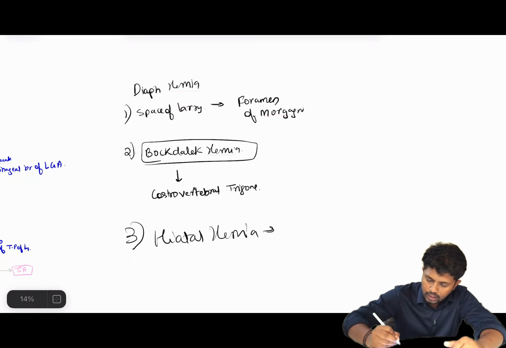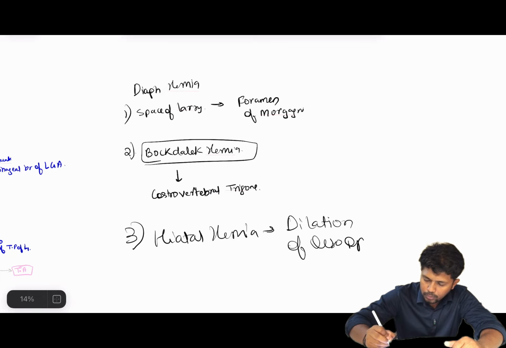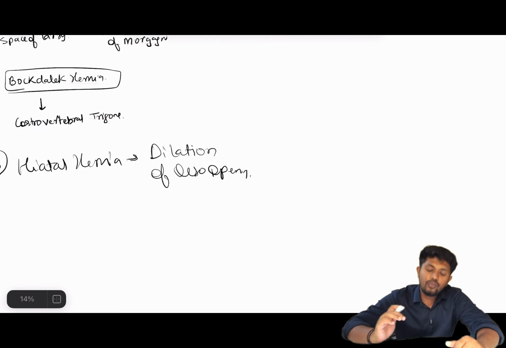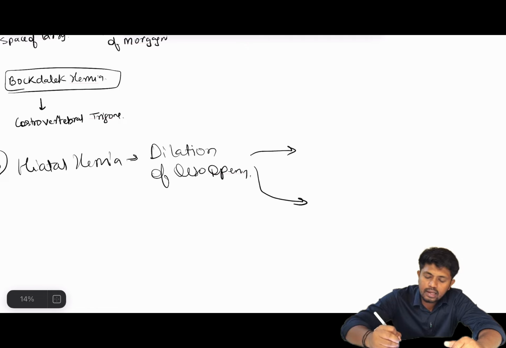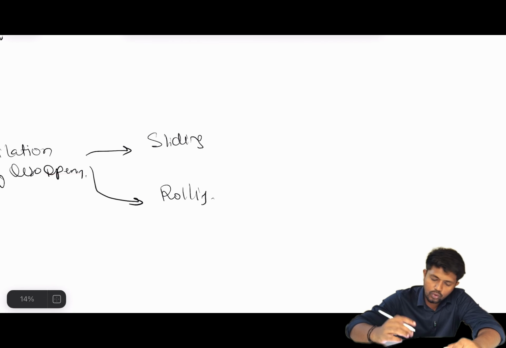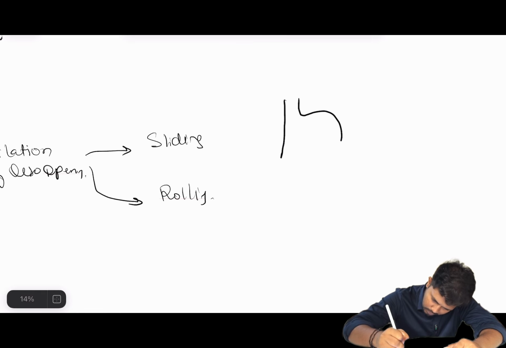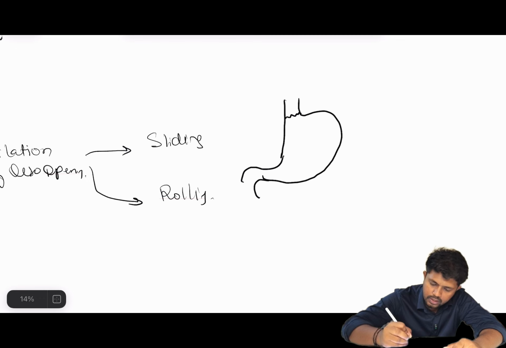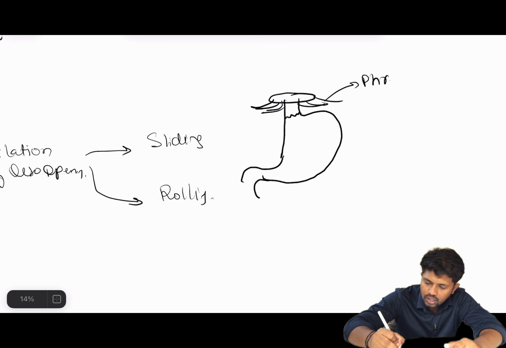It occurs due to dilatation of the esophageal opening. In this hiatal hernia, there can be two types of hernia: one sliding hernia, one rolling hernia. For example, if this is the stomach, this is the gastroesophageal junction and this is the esophageal opening, this esophageal opening is supported by one ligament called the phrenoesophageal ligament.